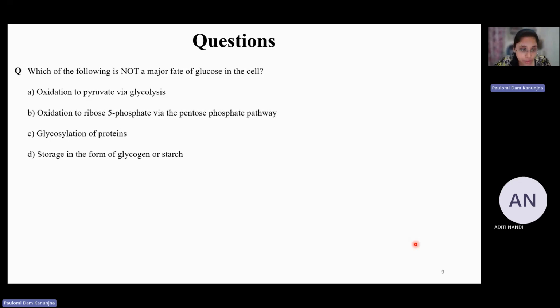Is it oxidation to pyruvate via glycolysis, or via the pentose phosphate pathway, or storage in the form of glycogen, or glycosylation of proteins? So which of these is not mandatory, or not compulsory, or, as the question says, not a major fate of glucose in the cell?